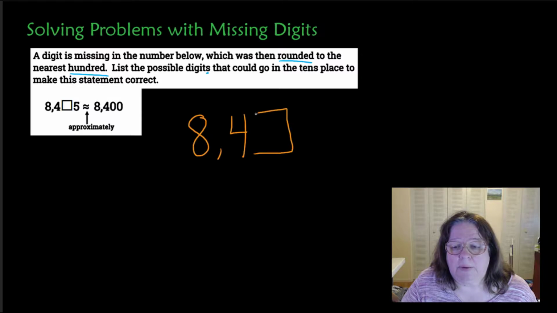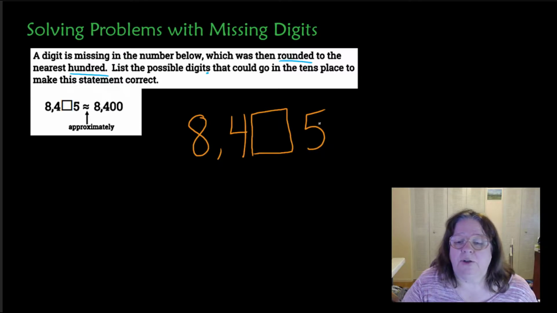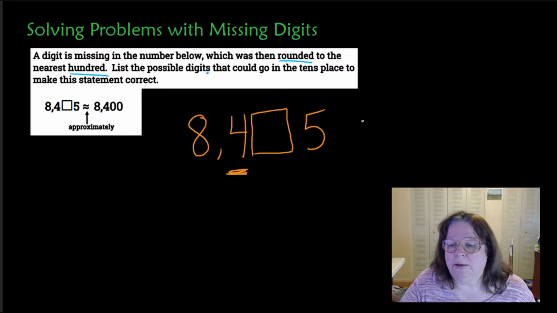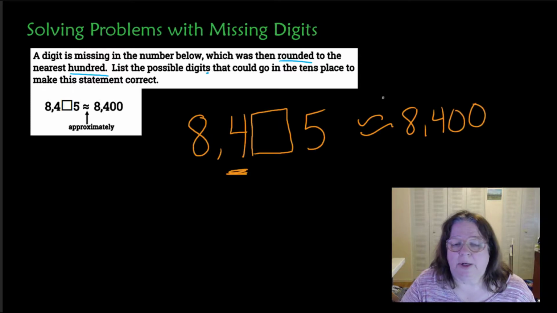This time I am going to put a box here. 8, 4, 5, when we round it to the hundreds place, it's going to be 8,400. And this means approximately. Oh, says it right there.